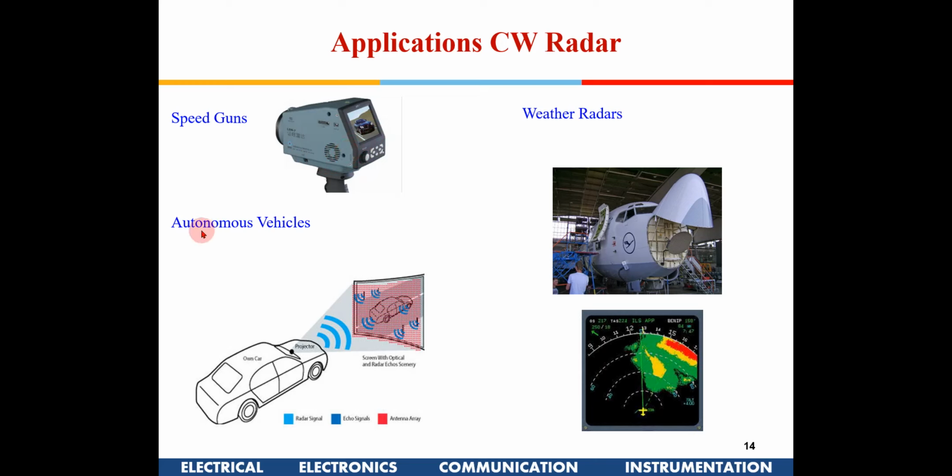And these days most autonomous vehicles come with a lot of Doppler radars, which help us in avoiding collisions. There are radars placed not only towards the front side but on the rear side also, which assist in collision avoidance systems. So all these autonomous vehicles do come with this.